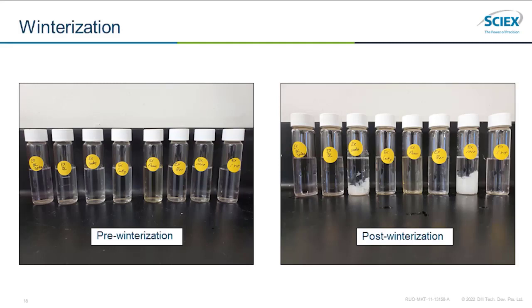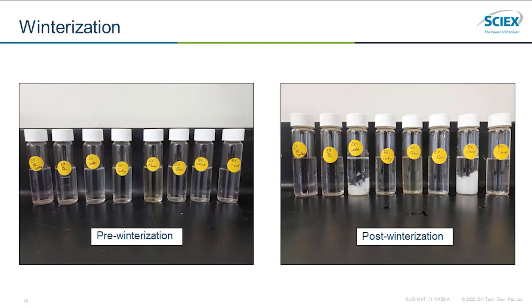So we've done some studies at SCIEX to try to figure out if the winterization step is causing the losses of any compounds, or if it's improving the matrix or limiting the matrix impacts from these matrices. And essentially the answer is no. So we haven't seen any losses in compounds, and we also haven't seen any improvement in terms of matrix impacts.